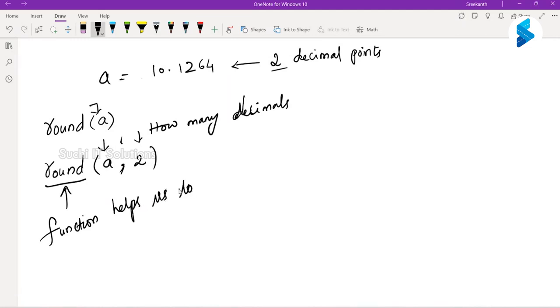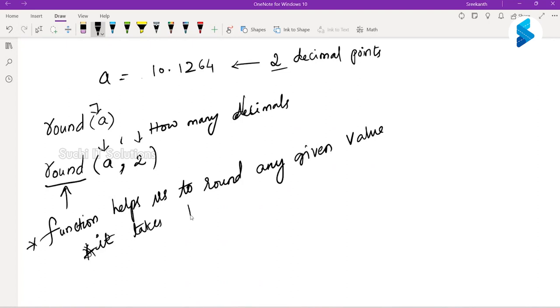So round is a function that helps us round any given value. It takes 2 parameters, the first parameter and the second parameter.